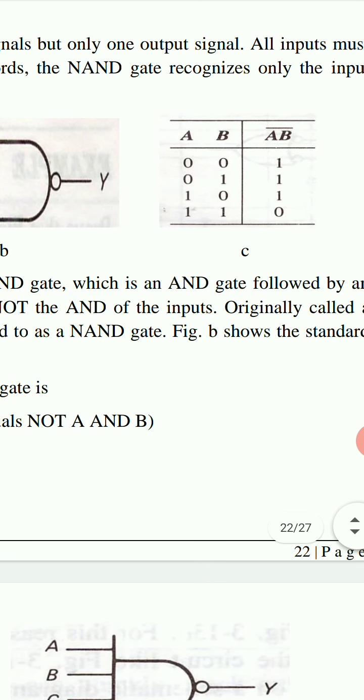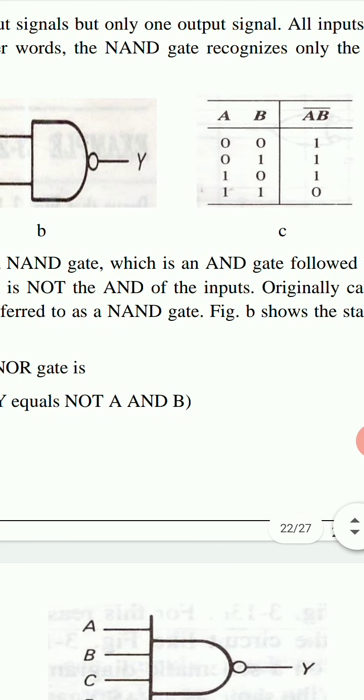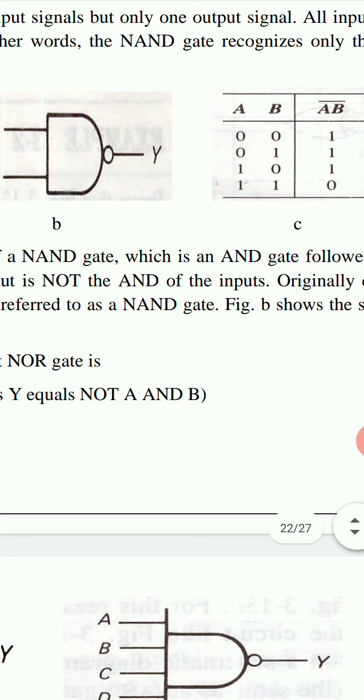This is the truth table for output Y equal to (A dot B) bar. We write AB in place of A dot B. AB means A dot B, it is understood. So this circuit recognizes a word.